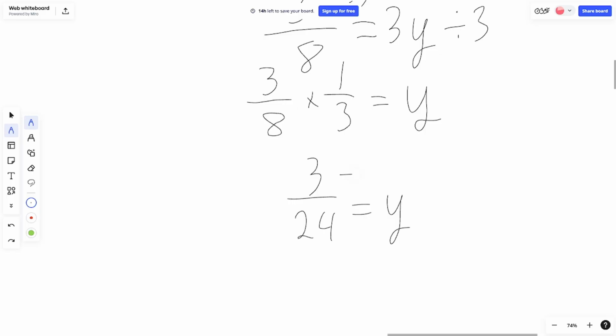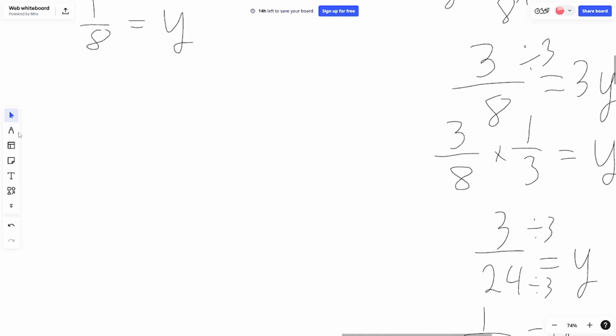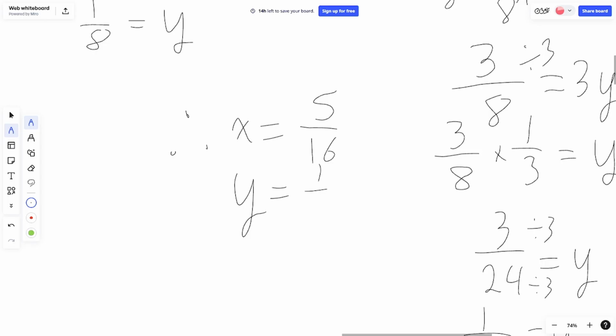So we would simply divide the numerator by 3 and then the denominator by 3, which will give us 1/8 is equal to y. So as you can see, we can write our therefore statement. Therefore, x is equal to 5/16 and y is equal to 1/8.